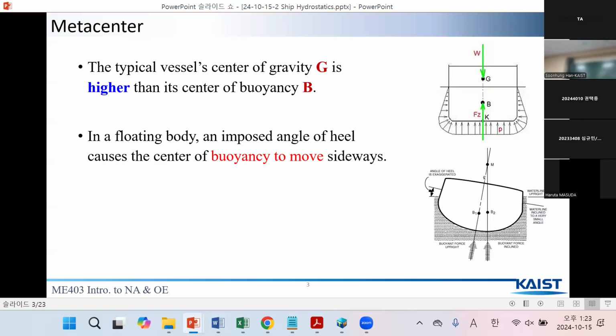That's why they say GM is important for stability. Even though G is negligibly fixed, right? Fixed point. M is moving, but still we can assume that it is fixed at a small angle. That's why GM is chosen to be the representative for stability check.